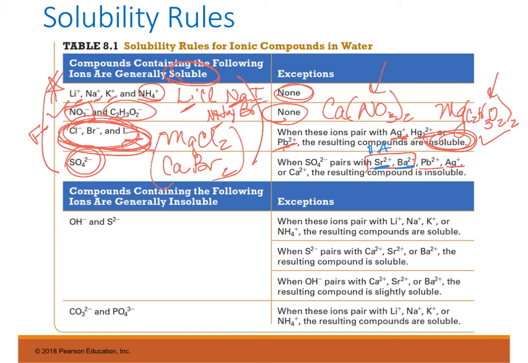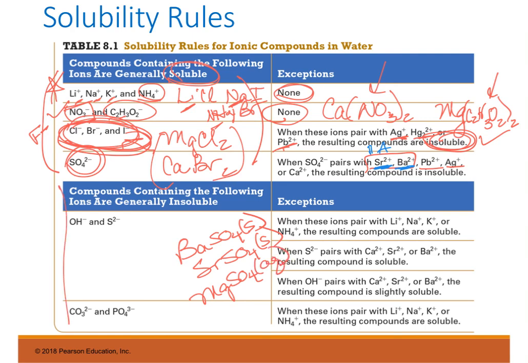If you look at group 2A at the bottom, strontium and barium make any sulfate insoluble. So barium sulfate would be insoluble, and remember we show insoluble with an S. Strontium sulfate would be insoluble. But if you go farther up to, let's say, magnesium sulfate, that is soluble, so you'd put aqueous.